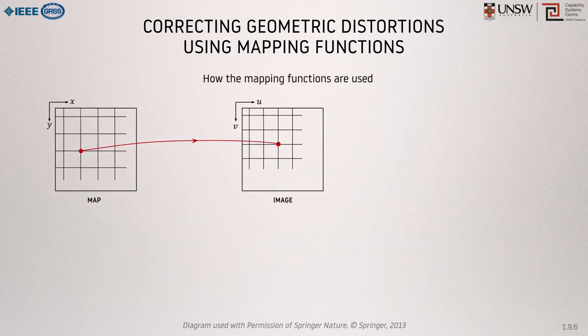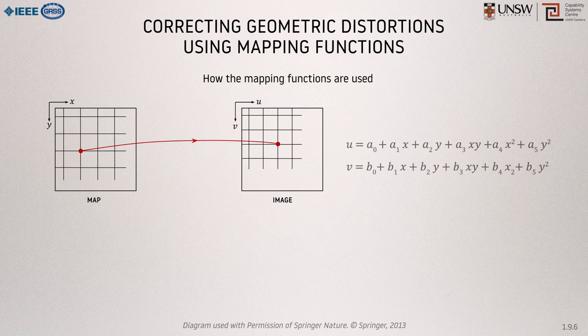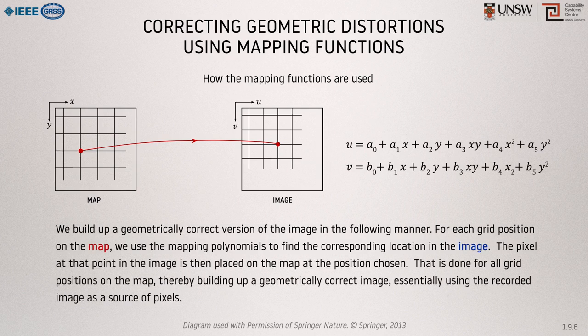If we assume that we have used the control points and identified the unknown coefficients, then we use the two mapping polynomials in the following manner. We move over the map grid point by point, that is, grid intersection by grid intersection, and for each point use the mapping polynomials to find the corresponding point in the image.